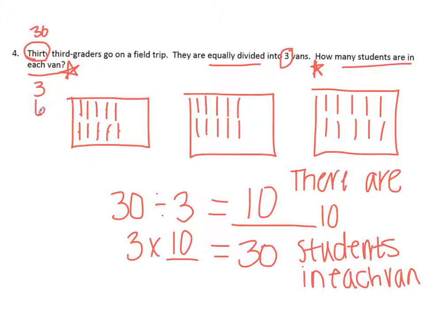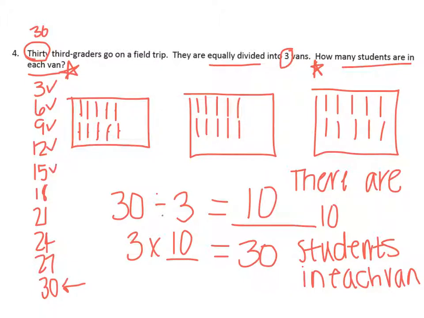So 3, 6, 9, 12, 15, 18, 21, 24, 27, I'm counting down to 30. So I see that I counted by threes 1, 2, 3, 4, 5, 6, 7, 8, 9, 10 times until I got to 30.